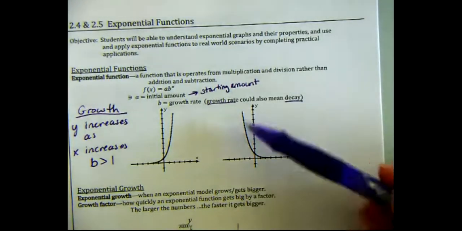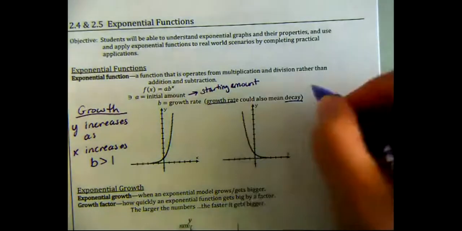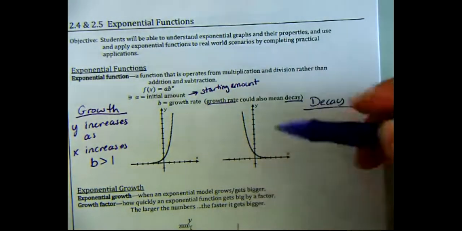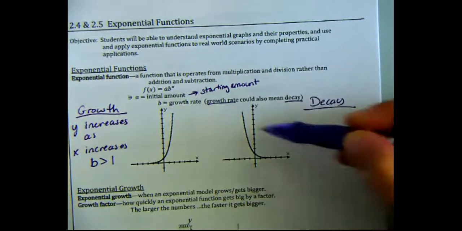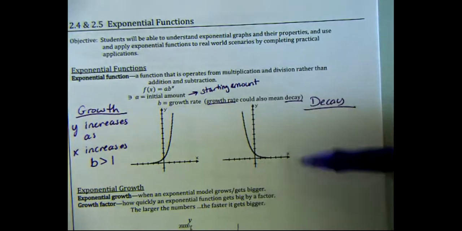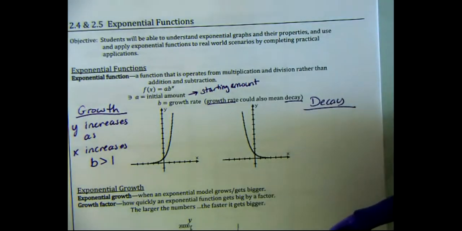And then we have our decay. The decay, notice that as our x is increasing toward the right, our function, our y, is decreasing toward the asymptote of 0.